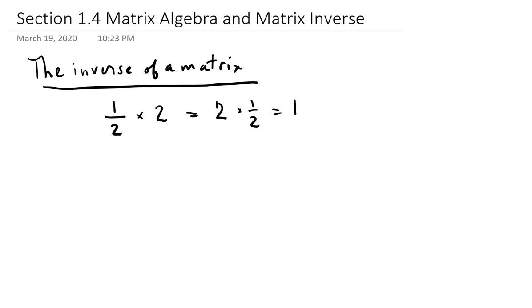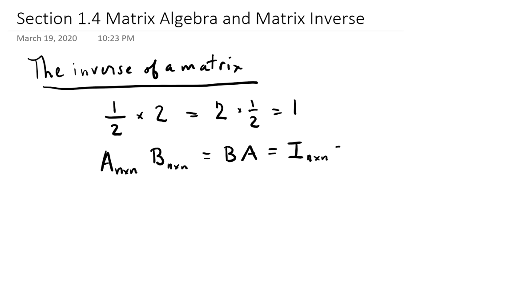Well, for matrices, it's kind of the same thing. If A is a square n by n matrix, we'll say that B, also n by n, is its inverse if A times B is the same as BA, which is the same as the identity matrix, and I is going to be, in this case, n by n.